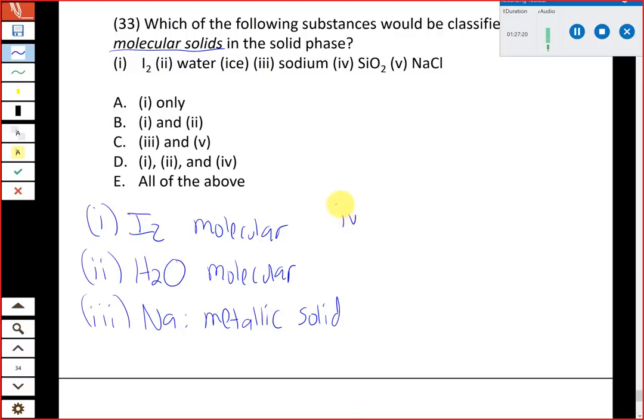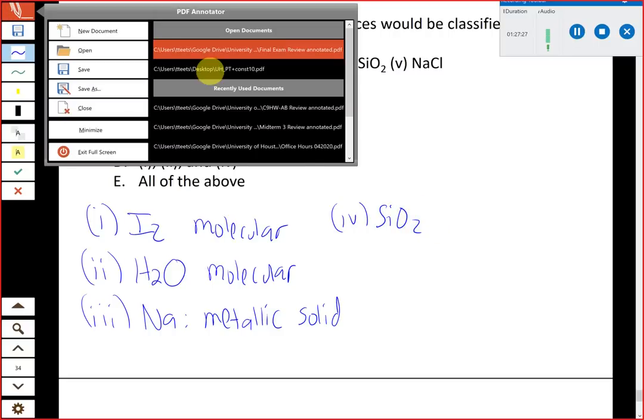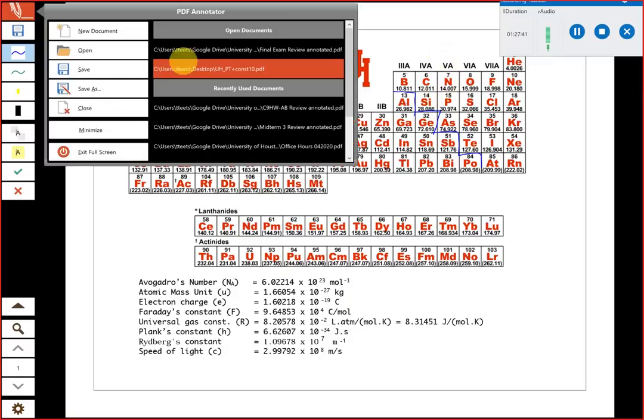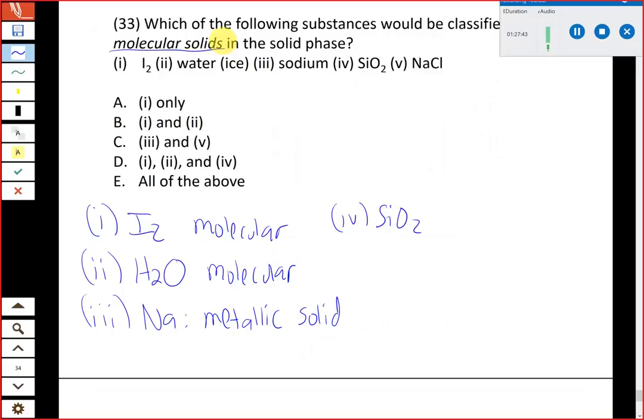Choice 4 is SiO2, and this is one that we're definitely going to have to remember, because if we go to the periodic table and look at where Si and O are, as we said, silicon is sort of in between metals and nonmetals, although it is on the right side, so it's more like a nonmetal. Oxygen is a nonmetal, so you might be tempted to conclude that SiO2 is also a molecular solid because it's two nonmetals, which could potentially form molecules.